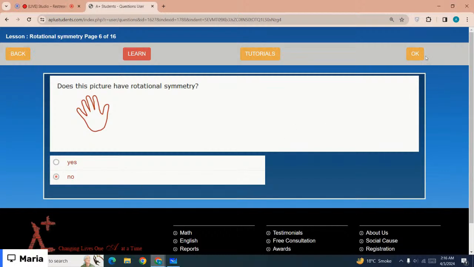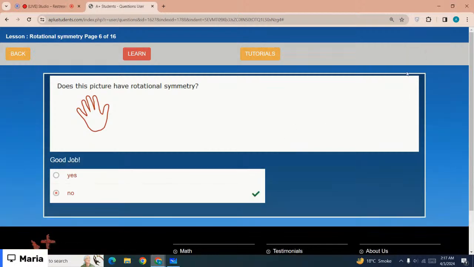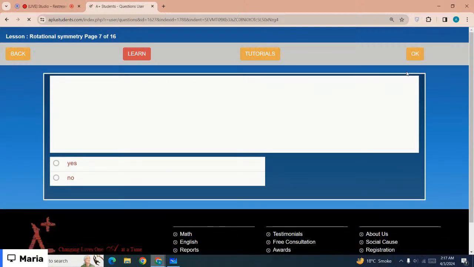So the correct option is no. Does this picture have a rotational symmetry? The correct option is no, right?